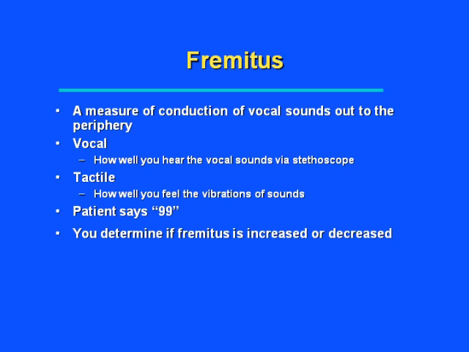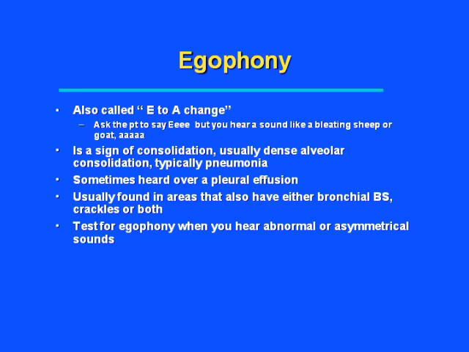But really the patient can just be talking and you can still detect the increased fremitus. If there's consolidation, you'll hear these sounds better with your stethoscope than you would if the lung were normal. The normal lung tends to muffle the vocal sounds. The consolidated lung transmits them to the chest wall where you're listening with your stethoscope.